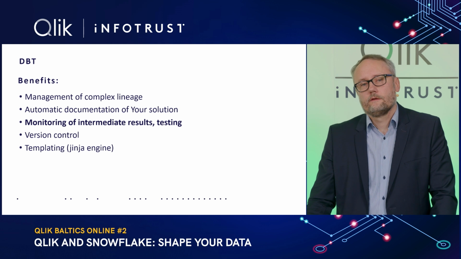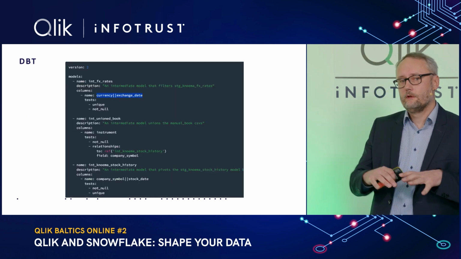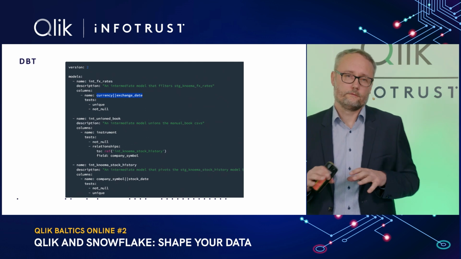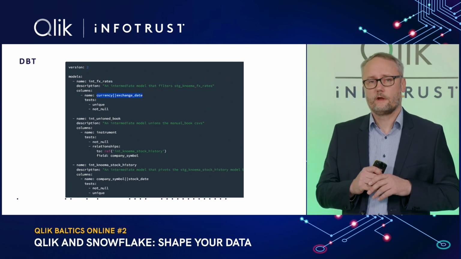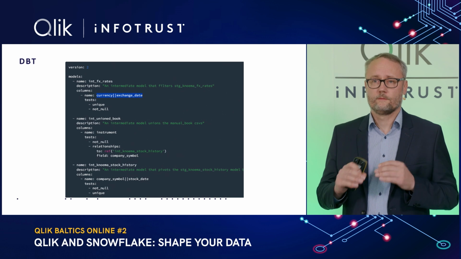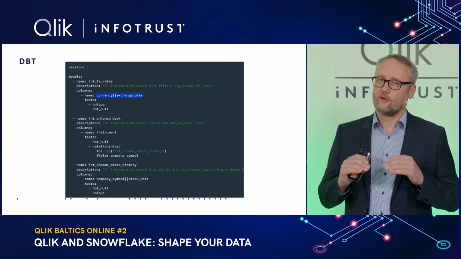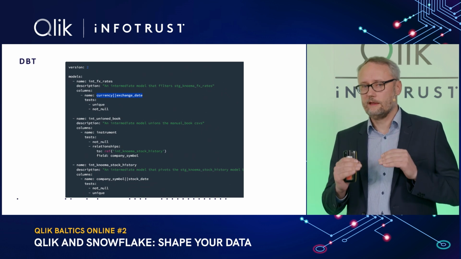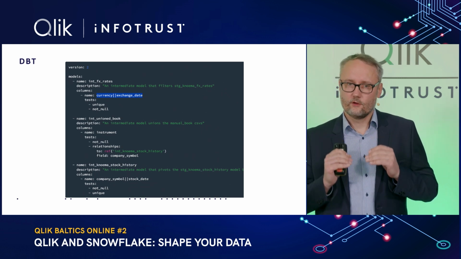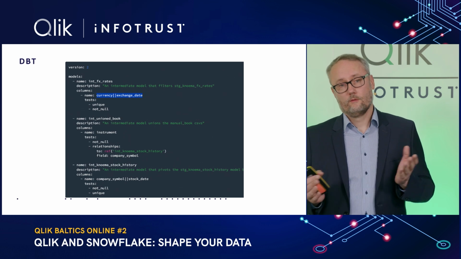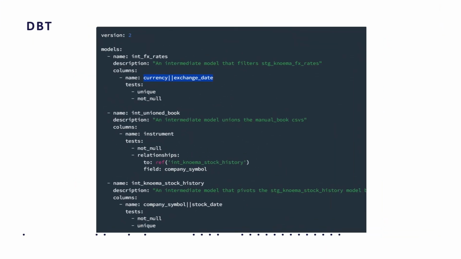Monitoring, intermediate results, testing. In a model, you can set up a description of the column, and you can set the test. Like, for example, in this case, the currency and exchange rate connection. There is a column that has currency and the date, and it must be unique. And it must have no nulls, which is important for the further transformations.